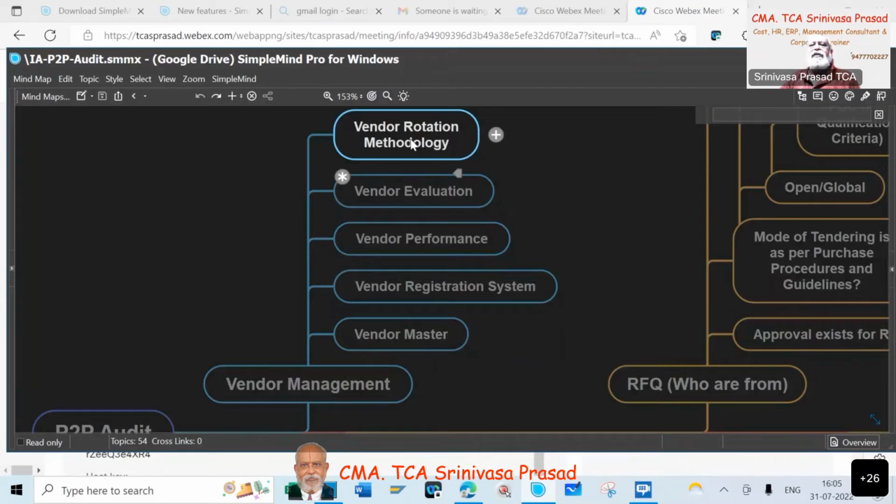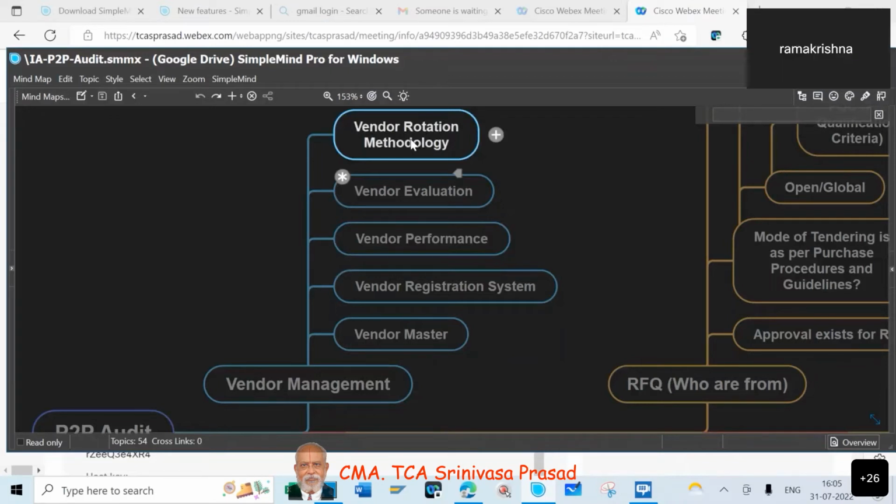First of all, can somebody explain to me what is meant by vendor rotation? By rotating the vendors, we can get good quality and there is no monopoly. The vendor cannot dictate to us. Also, always giving one vendor the purchase orders is not good for the company.